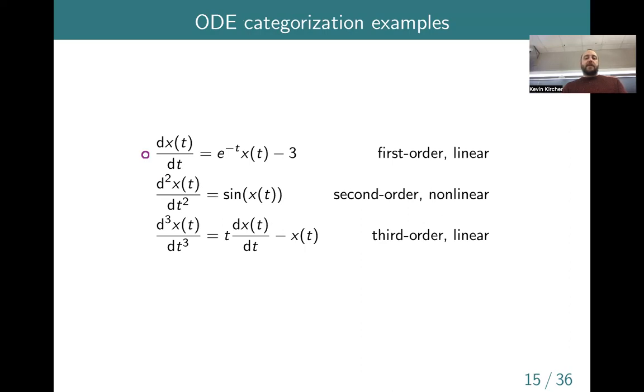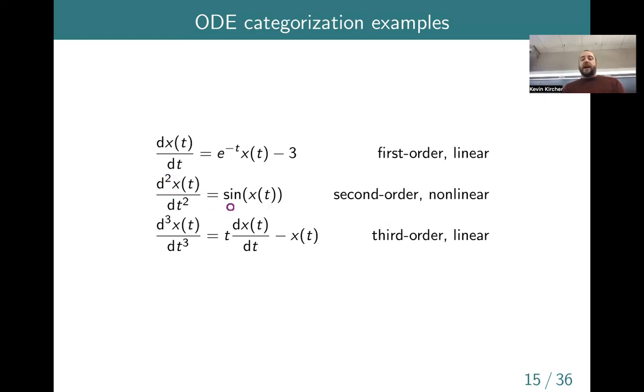Okay, so we can categorize the three examples that I wrote down. This one is linear. Even though we have a weird function of t in here, it's not at plus b, a linear function of t. It's an exponential, a nonlinear function of t. That doesn't matter. The ODE is still linear because this is written as a linear combination of x and its derivatives. This one here is second order because we have a second derivative showing up.